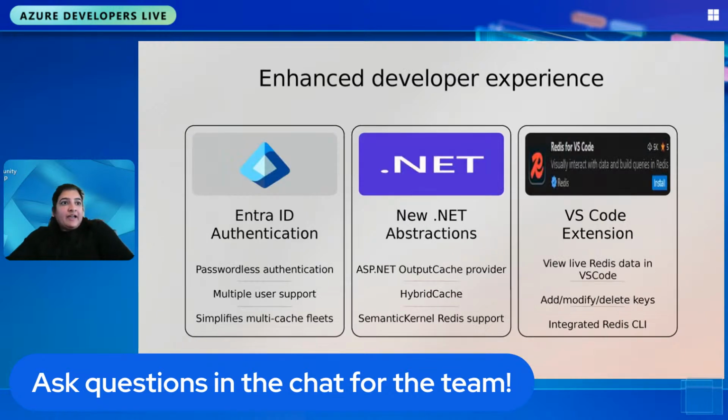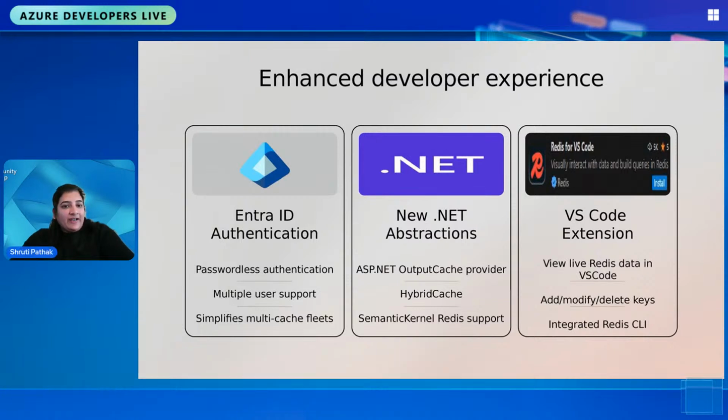In addition to all the features, we want to make sure our developers feel loved as well, right? We are the Azure developer group. So we have added Entra ID authentication for passwordless authentication, which simplifies the developer experience of managing multiple instances. The latest .NET also has announced new providers for Redis caching.